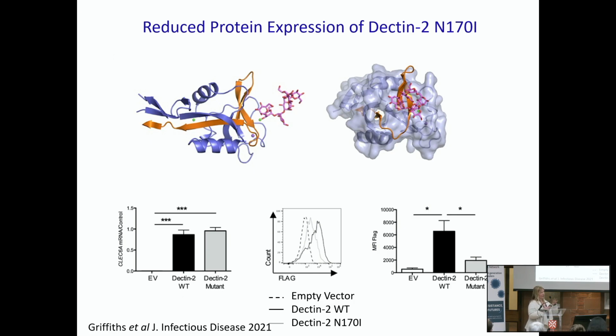Well, it actually was no longer expressed on the surface of the cell. It was also expressed in the cytosol, and there were effects on ligand binding. We couldn't do an association, obviously, with the development of invasive aspergillosis because we only had one patient. This one patient did develop invasive aspergillosis and unfortunately went on to die from complications of that.